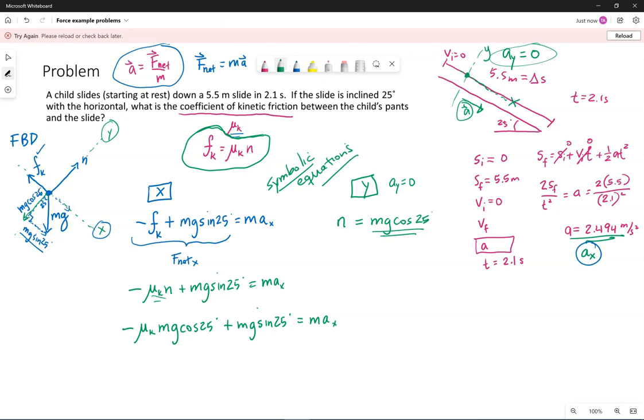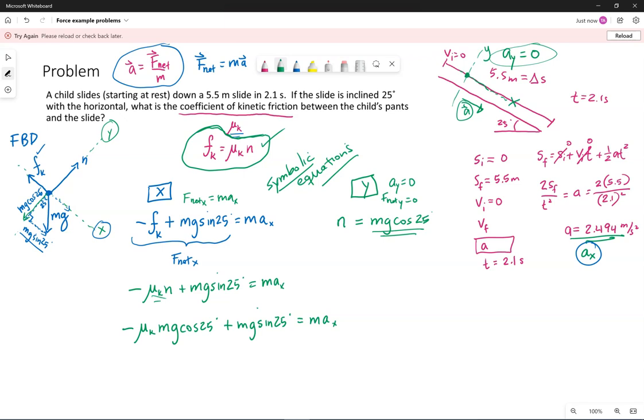All right, so I have my original F equals ma for the x. So net force in the x direction is equal to mass times acceleration in the x direction. Net force in the y direction has to be 0 because we've chosen a coordinate system where y is perpendicular to the incline. And from there, I start substituting in any relations that I know, like the force of friction depends upon the coefficient and the normal force, and so forth.